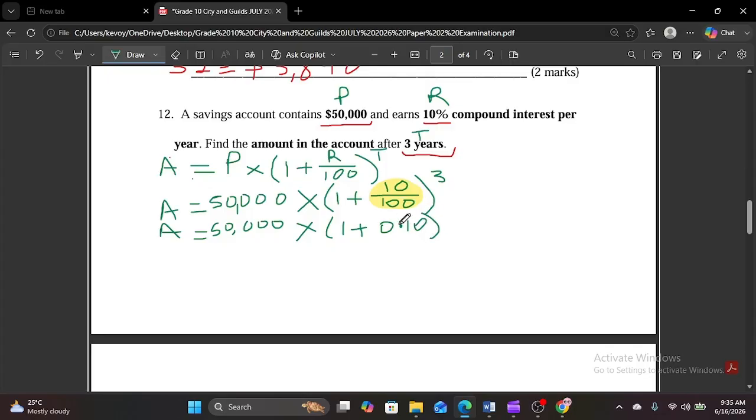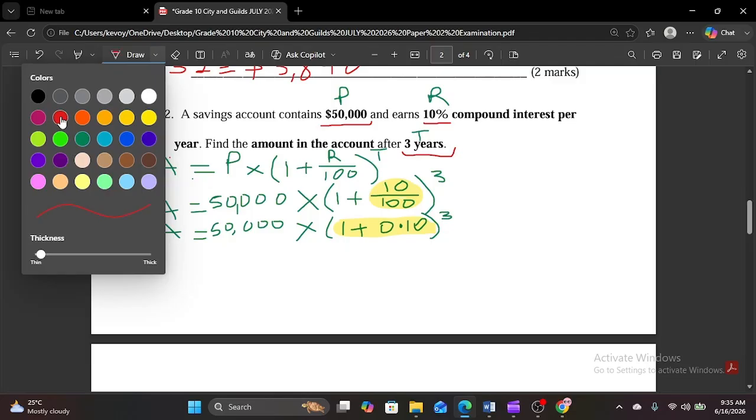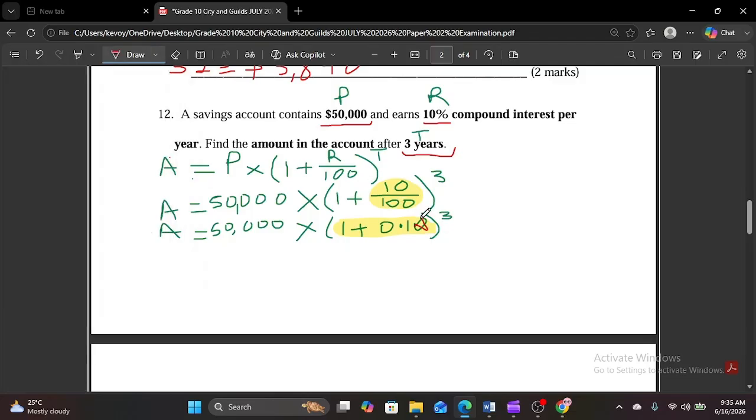If you write 0.1, that's fine, that's also correct. That's going to be raised to the third power. And now we're going to work what is in our bracket. So that's 1 plus 0.10. As I said before, I don't have to write that 0 right there. I just put it down so you can know that it is the 10 that was being divided. If you have 0.1, that's fine.